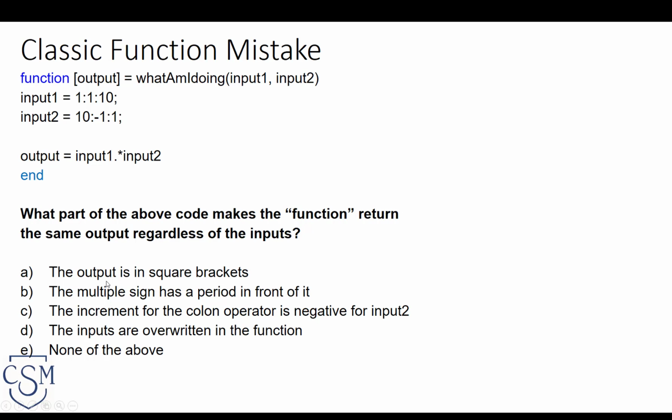Okay, so the answer is that the inputs have been overwritten in the function. And how did I overwrite them? Well, the very first line of code, no matter what input is, say the first example, it was 3, but I overwrote it and changed it to this 1 by 10 array of 1, 2, 3, 4, 5, 6, 7, 8, 9, 10. And the same thing, I am changing input 2 in my second line of code.